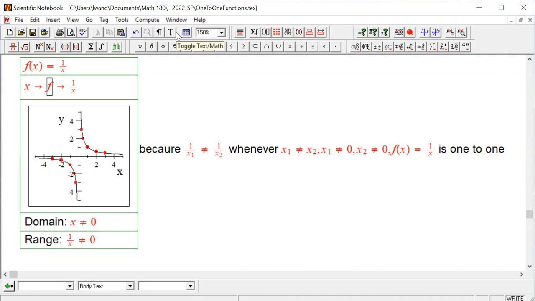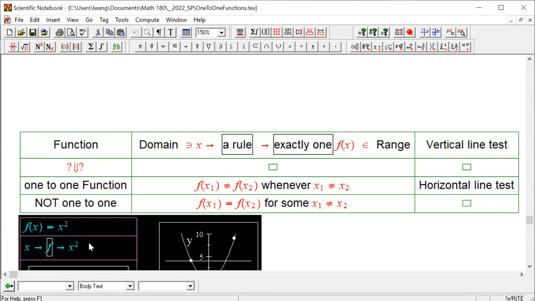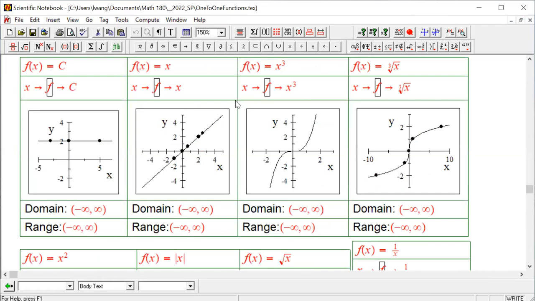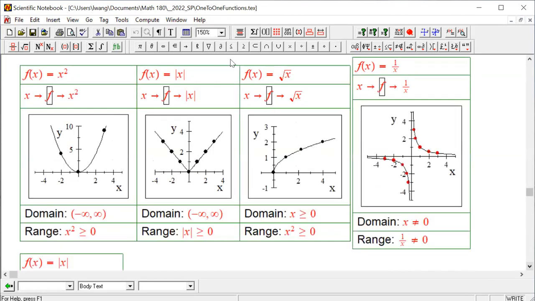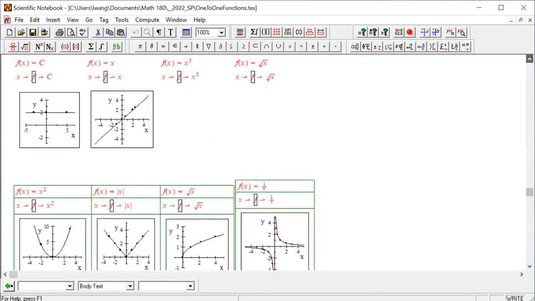To summarize, now we have covered all of these functions in terms of one-to-one, so we're going to bring all of them back with us.